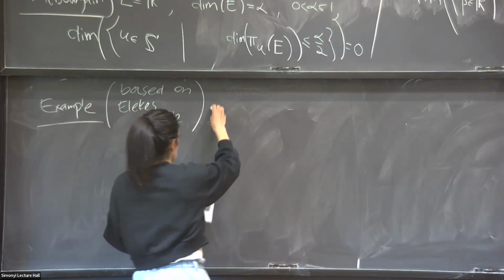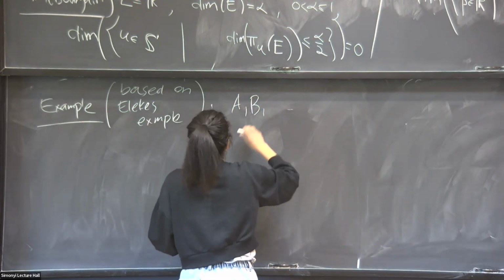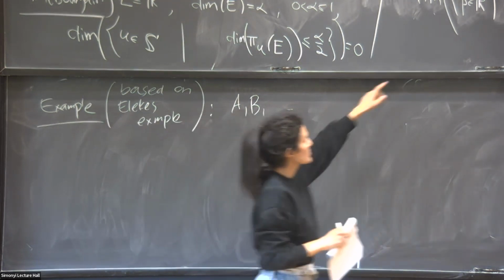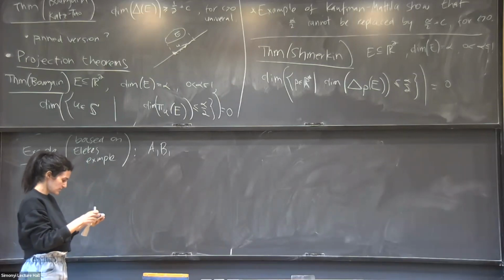So I want to show an example that shows that here we cannot have alpha over 2 plus c and still have dimension 0.